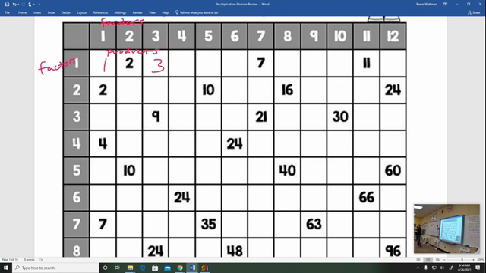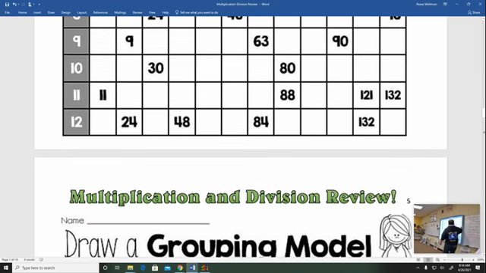Jen? There's an error in the... Where's the error? On the 9 and there's 2 9s. Let's see, where are we? On which one? On number 9 down below? Let's take a look.